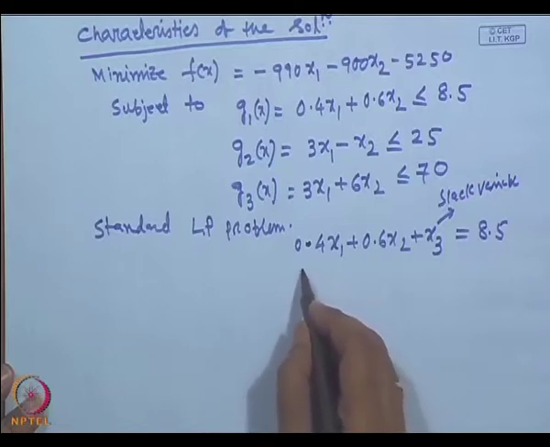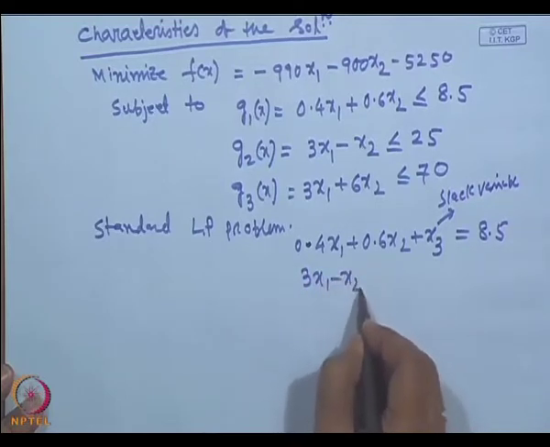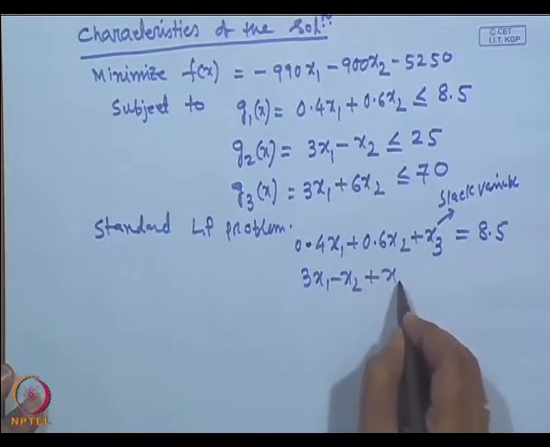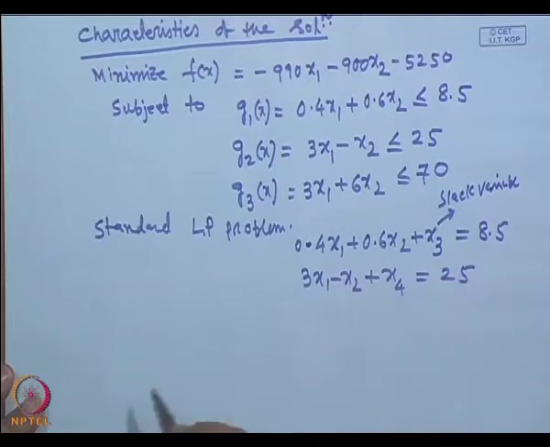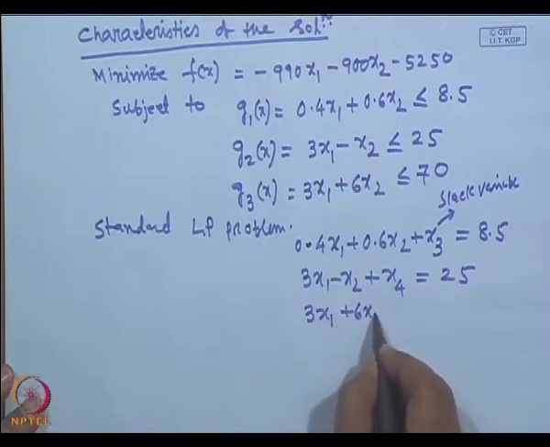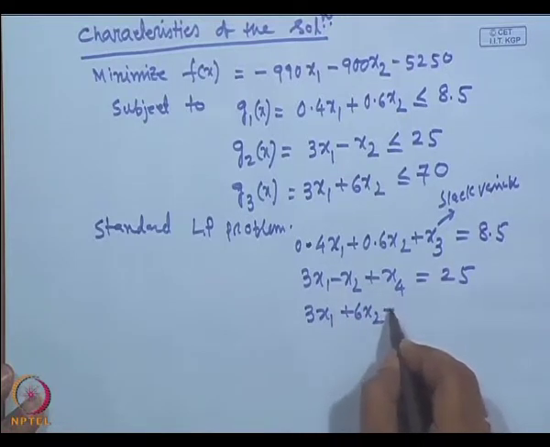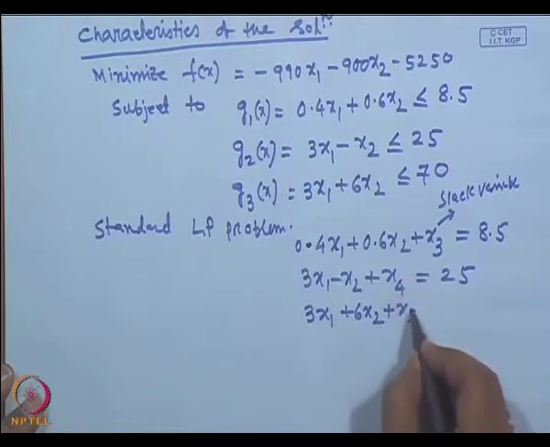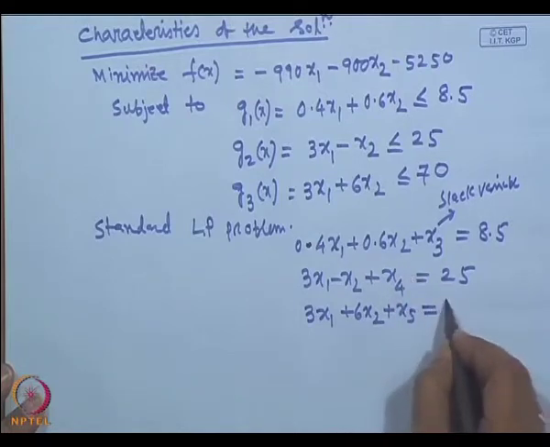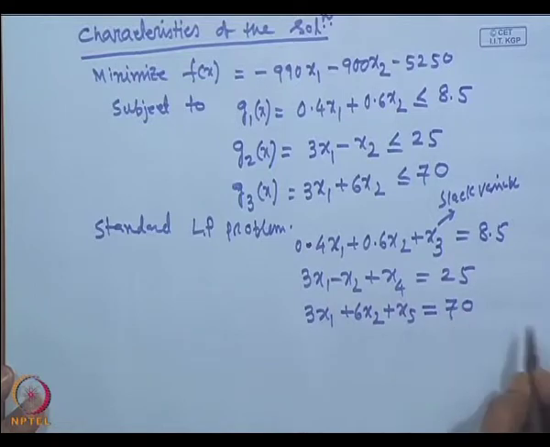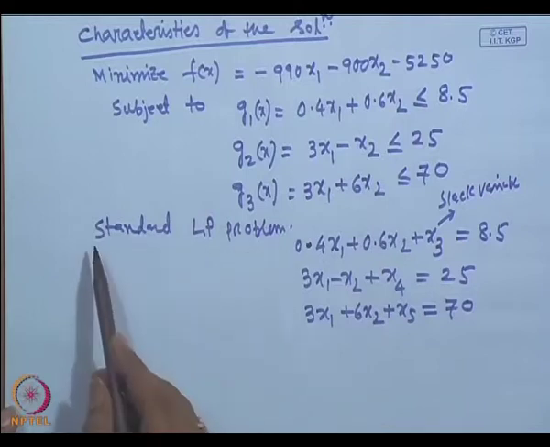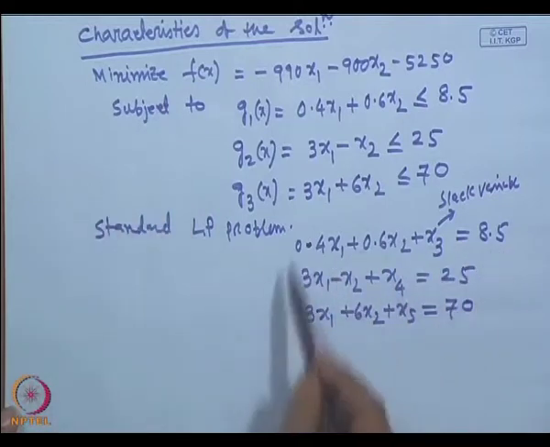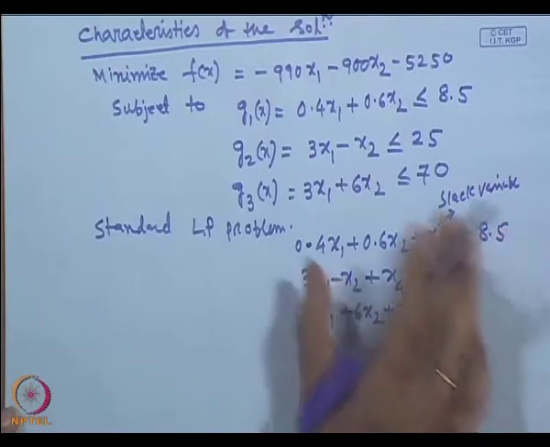Then next, 3 x 1 minus x 2 plus another new slack variable x 4 is equal to 25. Then the third equation, x 1 plus 6 x 2 plus x 5, another slack variable introduced in the third equation to make it an equality. So, our problem is to minimize this subject to these constraints. So, the standard LP problem is now formulated.